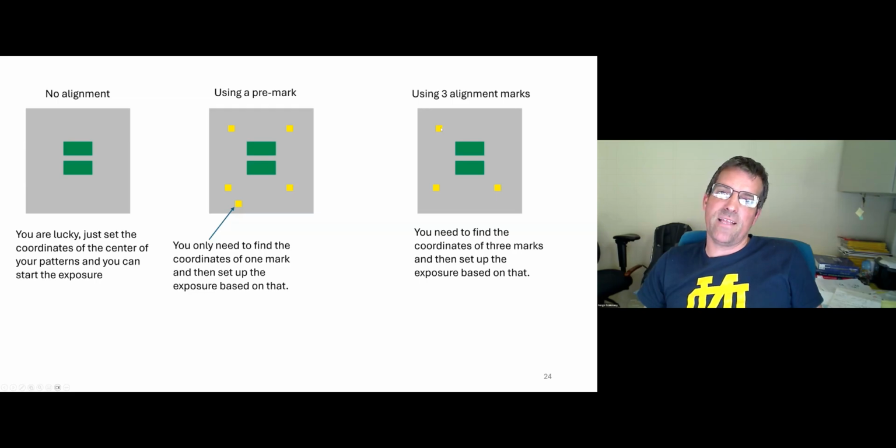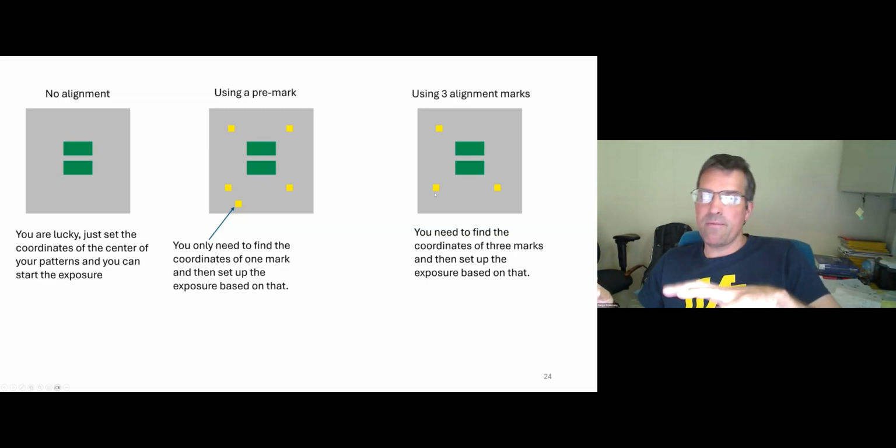You can do a hard way where you need at least 3 alignment marks to get a good alignment. So 2 for X and Y and the third for rotation. In one way, you need to identify all 3 alignment marks in the system, and you have to find them in the alignment microscope, write down those numbers, and when you start your exposure, you have to use all 3 numbers after you find them in the system.